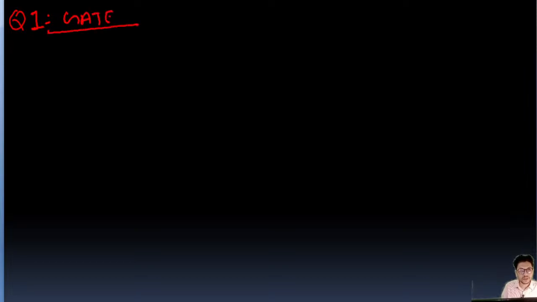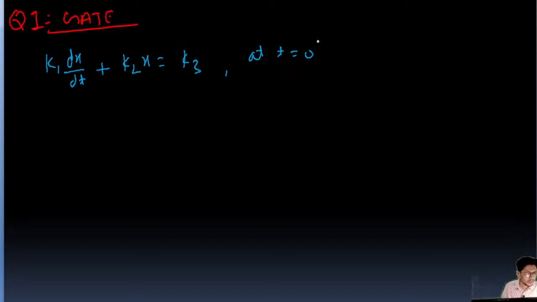The question is k1 dx upon dt plus k2 x equal to k3, and the condition is given that at t equal to 0, x equal to 0.